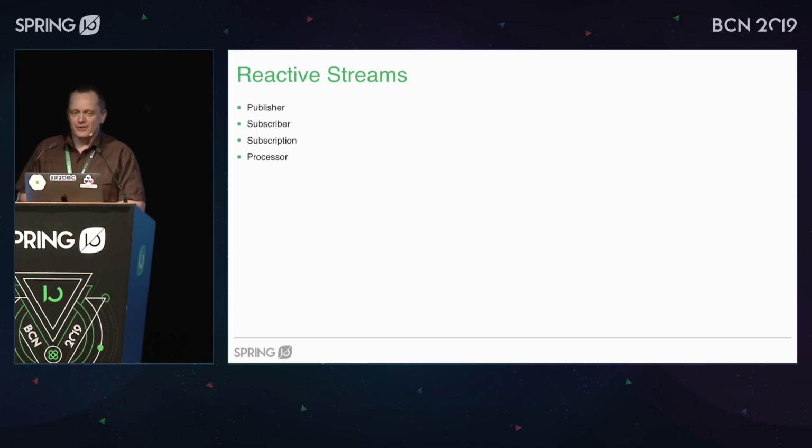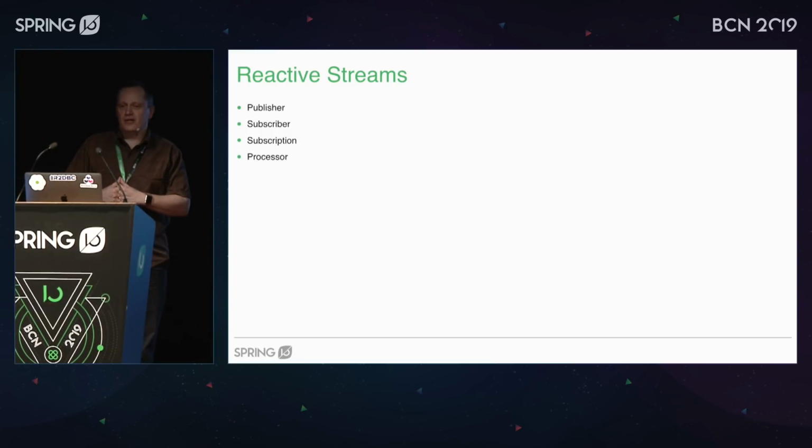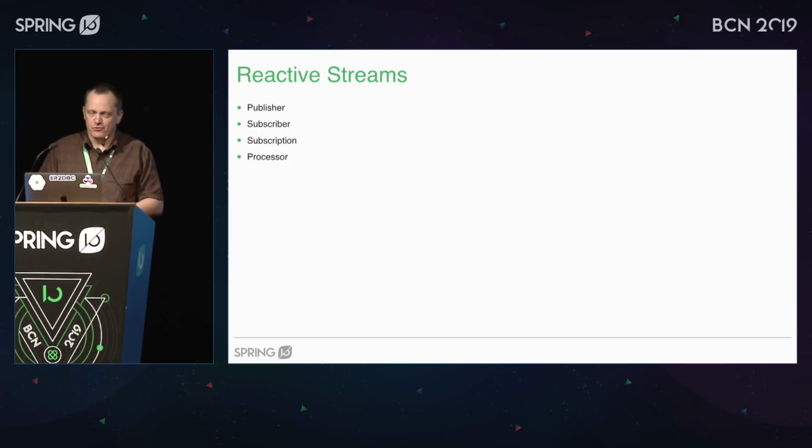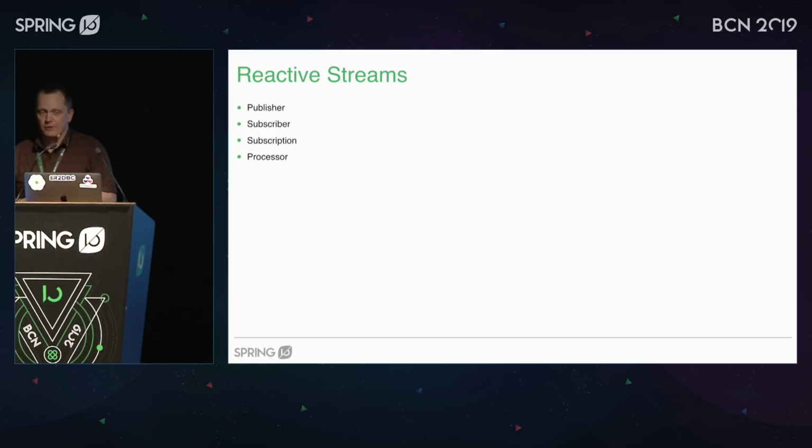The next step in this adventure was Reactive Streams, which defined a set of interfaces for how we might deal with reactive streaming situations. They define 4 main interfaces. You have a publisher, which is something that emits things. That can normally be data, so it can be strings or whatever it might be, but you can also emit signals to say, this signal is complete, or whatever it might be.